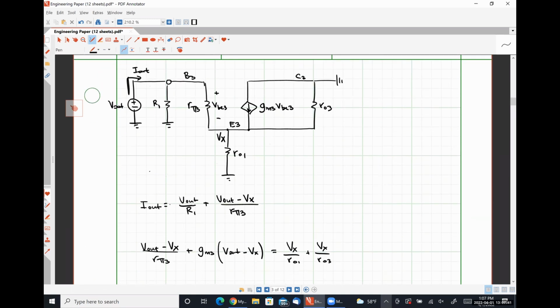Annabelle's suggestion effectively is just saying, ignore R1 because we know that it's in parallel with all of this, so that it doesn't show up in our equation, and just say it's parallel with R1 at the end, which will make things arguably a little less annoying. Yeah. Sure.